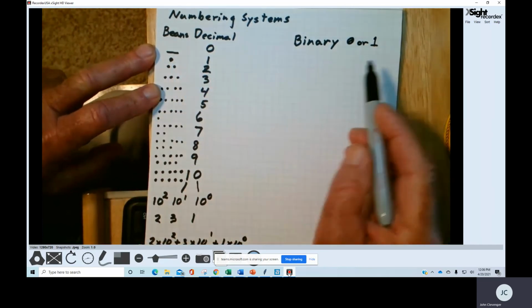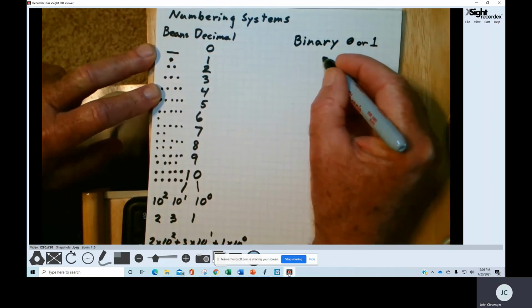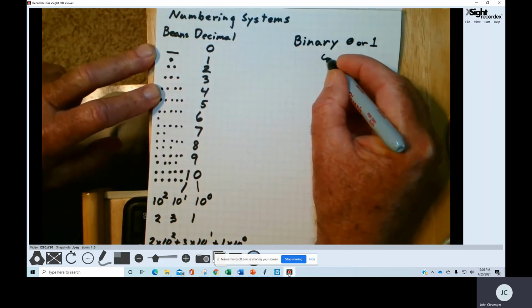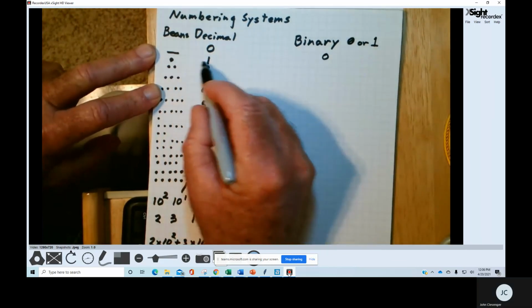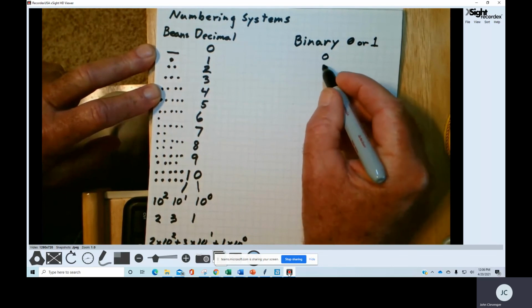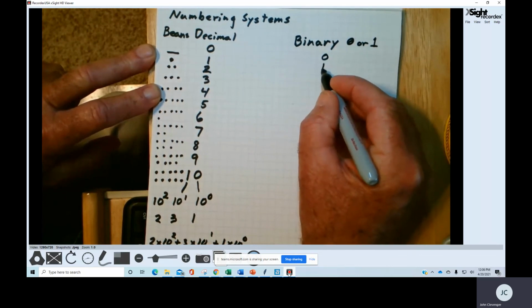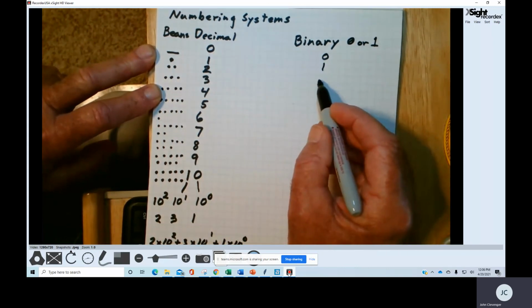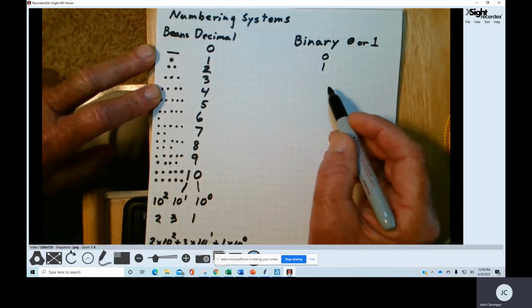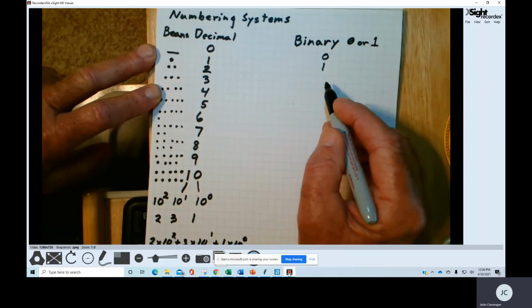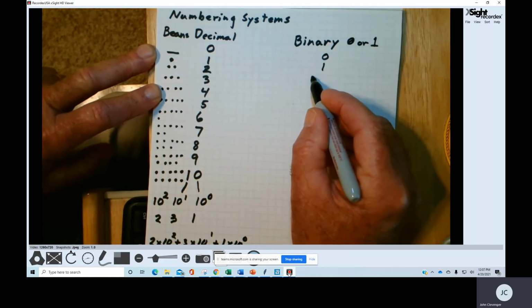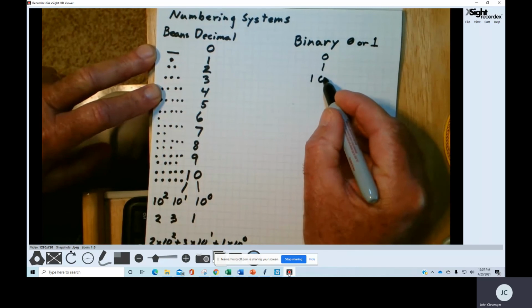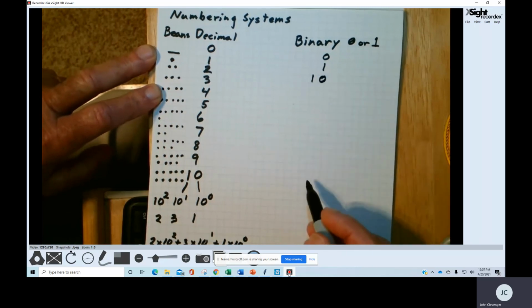So if we start counting in binary, if we don't have any beans to count, we of course have a 0. If I've got 1 bean, I've got 1. But when I get to 2 beans, I don't have another symbol to represent quantities. So I have to then have a 1 in the second column and 0 in the first column.